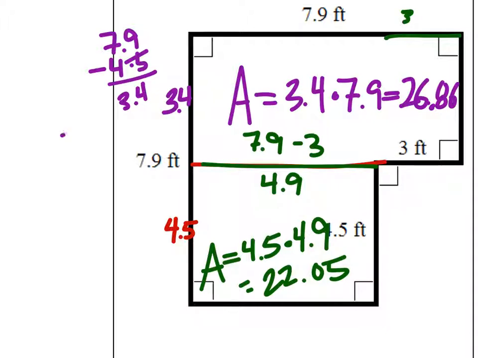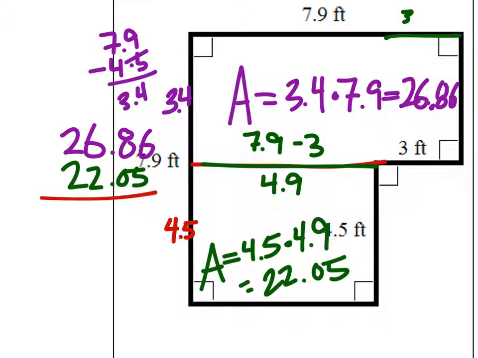So if we take these 26.86 and add the 22.05, then we get the actual area of the whole thing, 48.91 units squared.